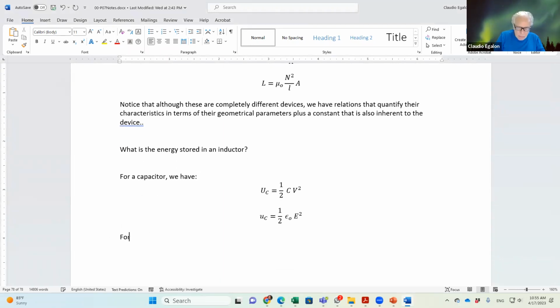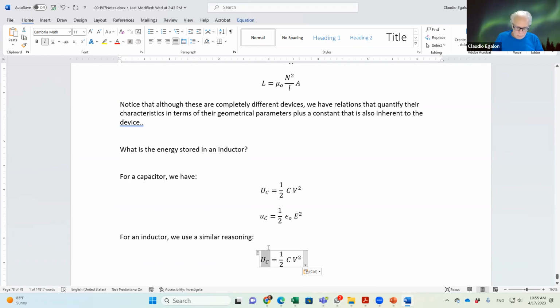For an inductor, we use a similar reasoning. Okay, just recall that the potential energy, we always go back to our basic definitions, right? We always go back to potential energy difference divided by electric charge, which is electric potential, right?